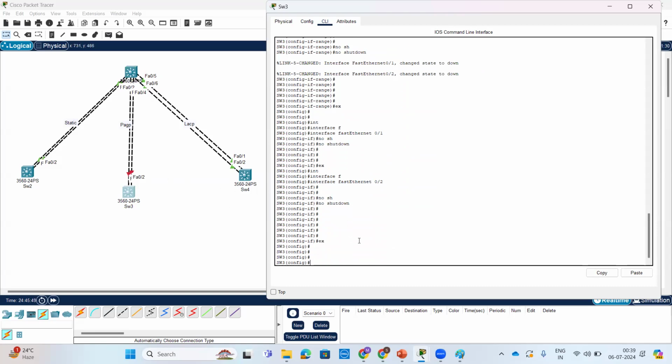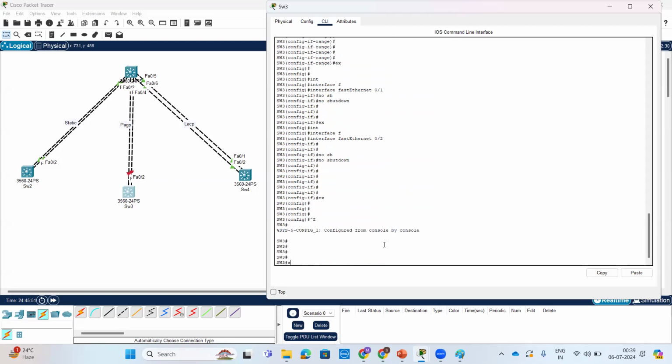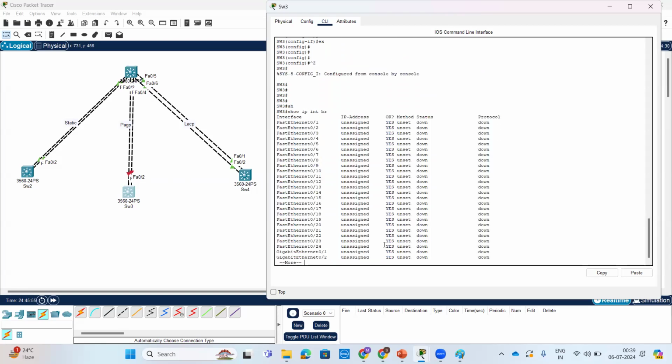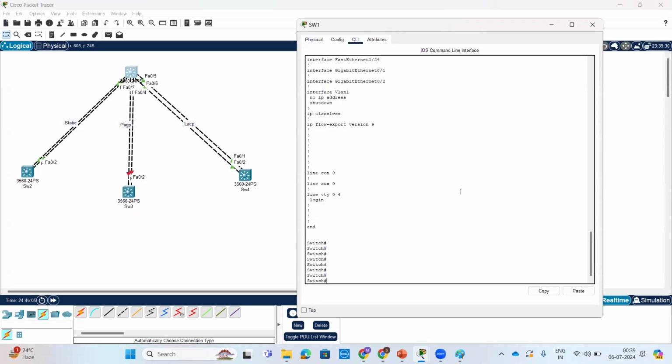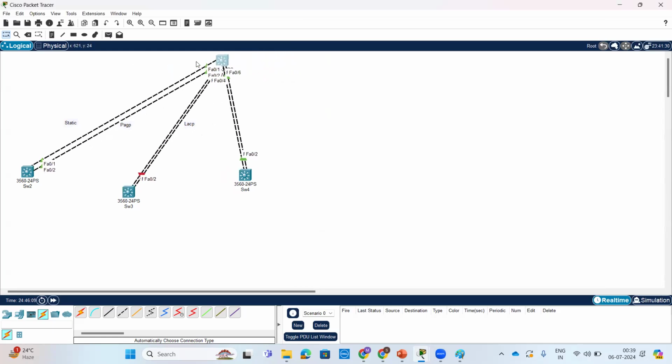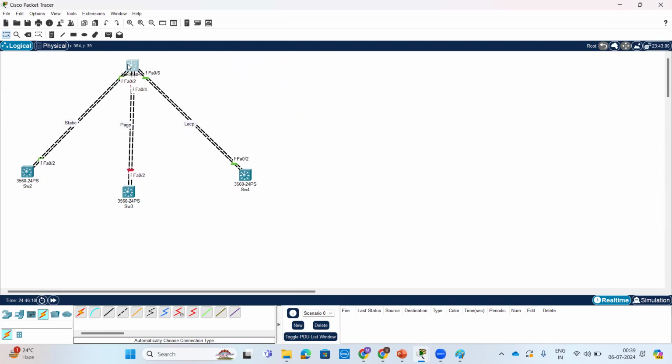I used the command, but here it is not working. Show IP interface brief. This port is also down.